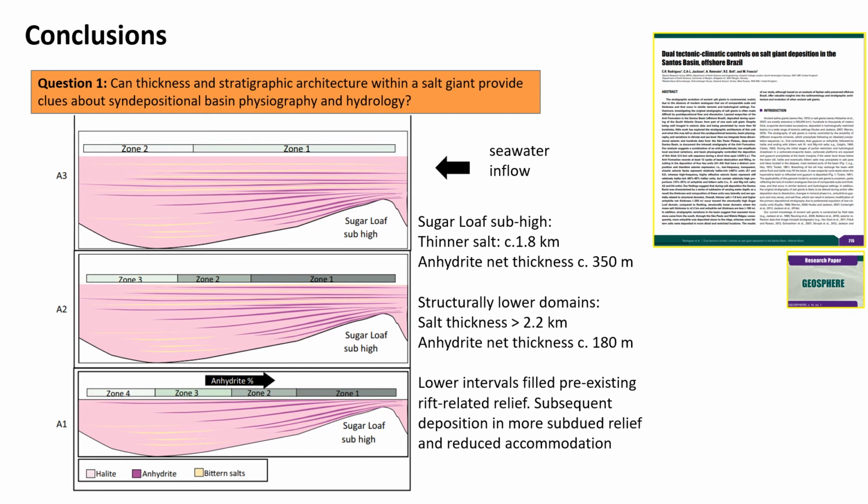We proposed that the lower intervals filled a pre-existing reef-related relief within which the Sugarloaf subhigh represented an intrabasin structural high with relatively shallower water compared to flanking areas. Subsequent deposition occurred in a basin with a more subdued relief and reduced accommodation.